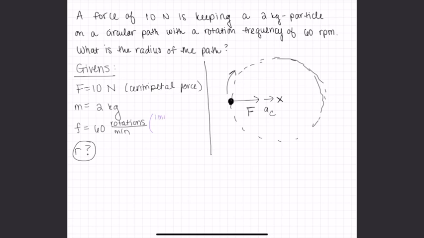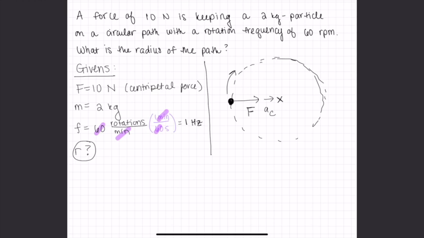So we'll have 1 minute over 60 seconds, which will give us basically those minutes cancel. The 60s will also cancel based on the numbers that I chose here, and we'll end up with 1 rotation per second, but I'm just going to write that as hertz because as soon as you end up with something being counted over seconds, then you can write that in terms of hertz. So that gives us that frequency.